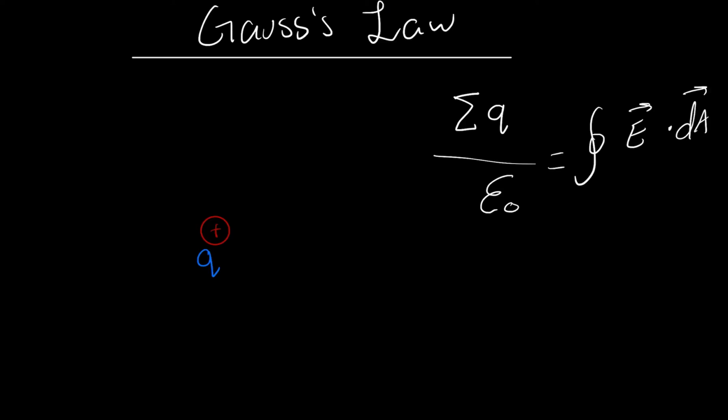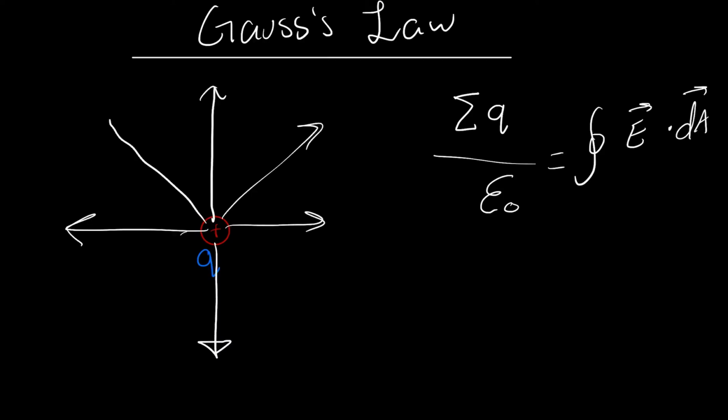And, well, as you know, it has electric fields coming out in all angles. Okay, over here, over here, over here, and over here. And once again, this is in a 2D dimension, right? But it's actually coming towards you through the screen, going through the back of your tablet, phone, computer, whatever.